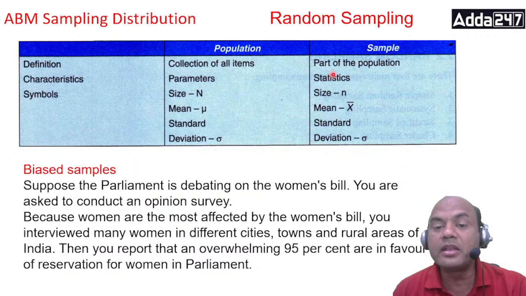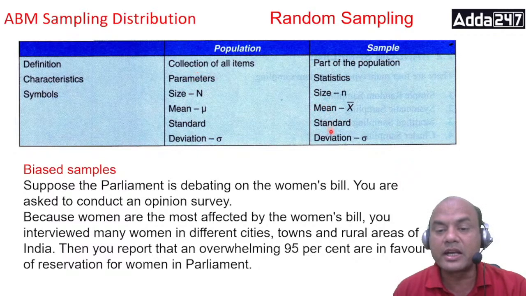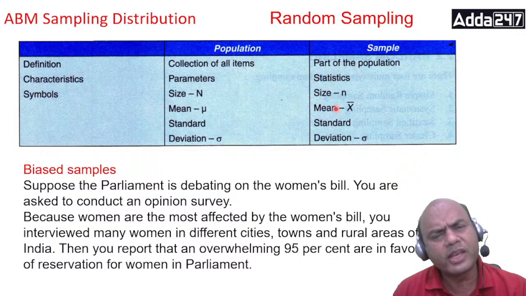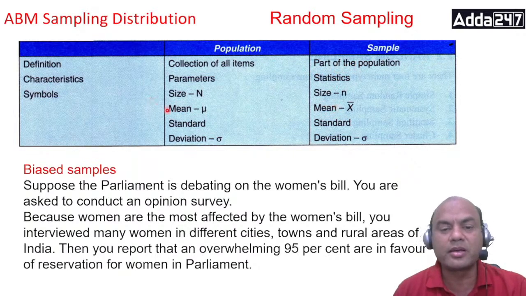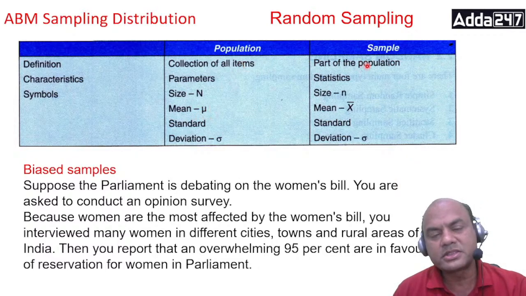If I take the mean, mode of the sample, it is called a statistic. Mean and standard deviation of the population are known as parameters. Mean and standard deviation of the sample are known as statistics. Mean, mode, median, all these are parameters as well as statistics.